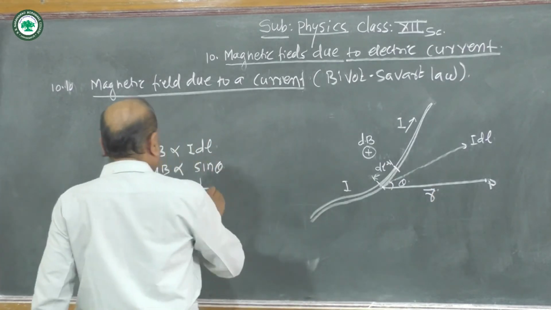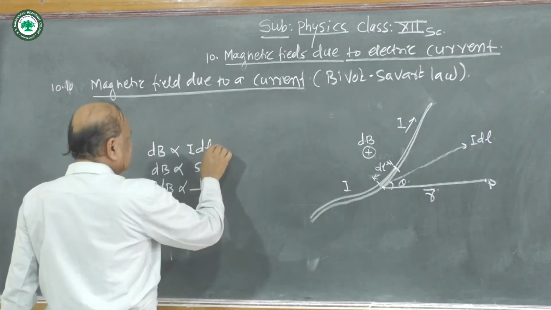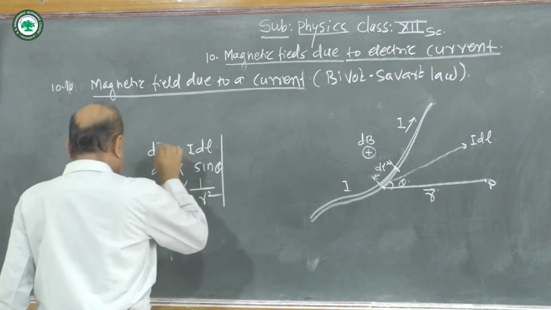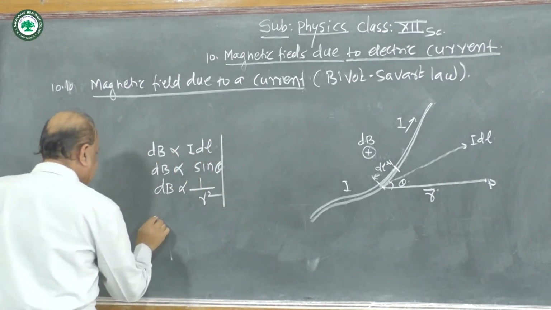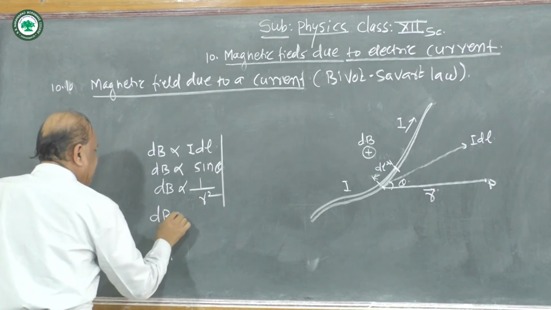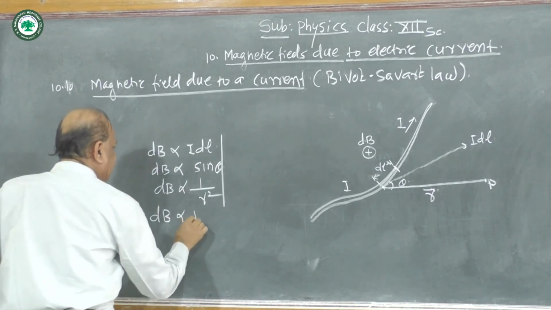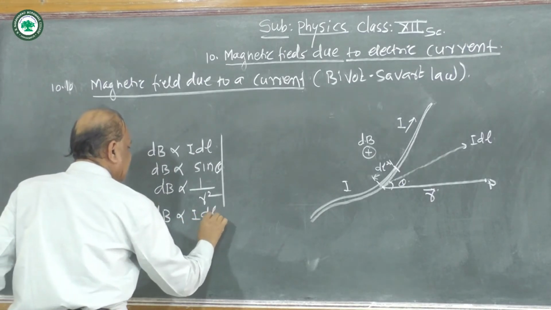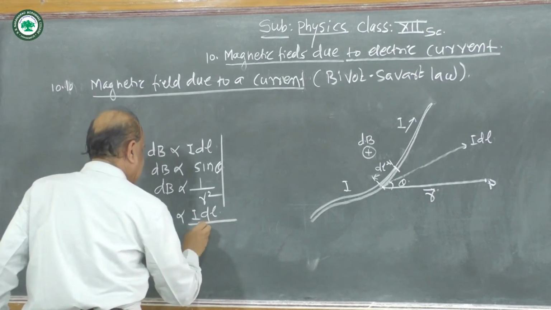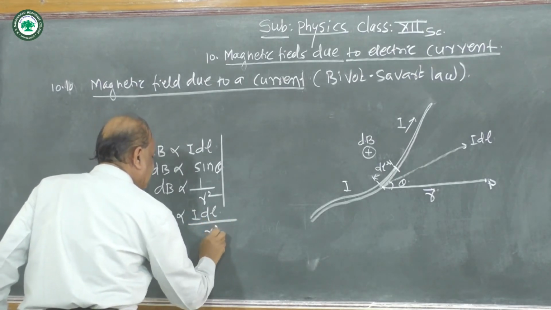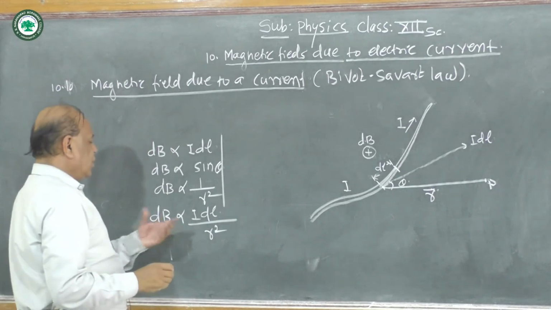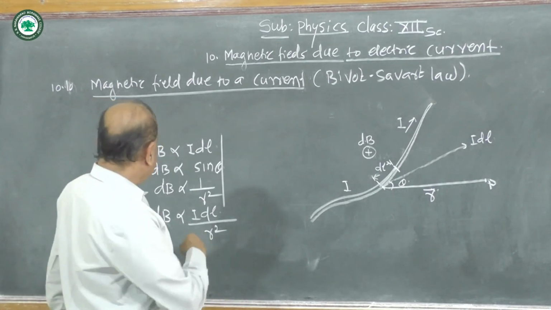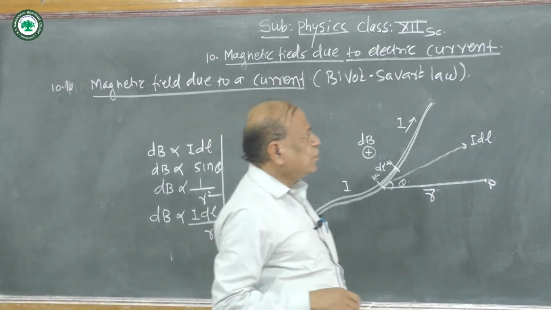Combining these three, we get dB is directly proportional to the current element I dl and inversely proportional to r square.